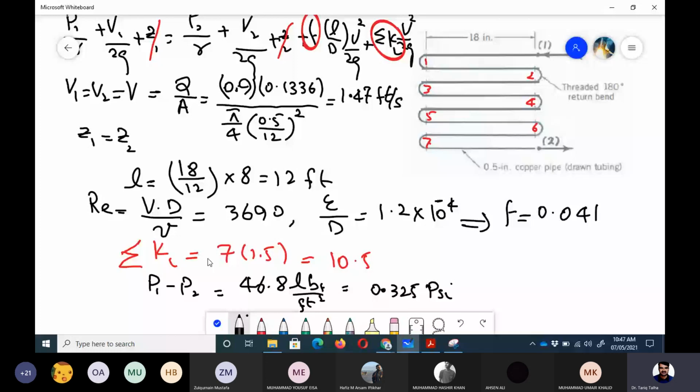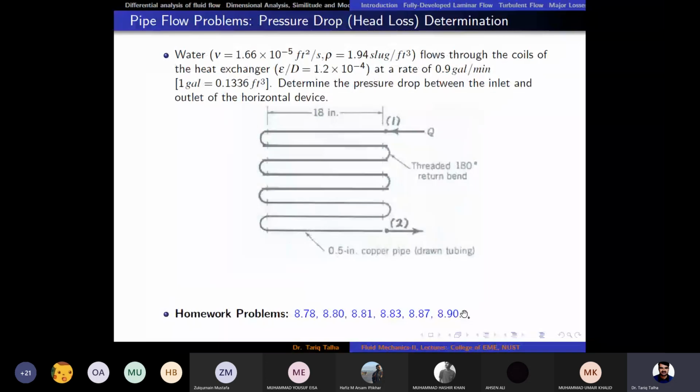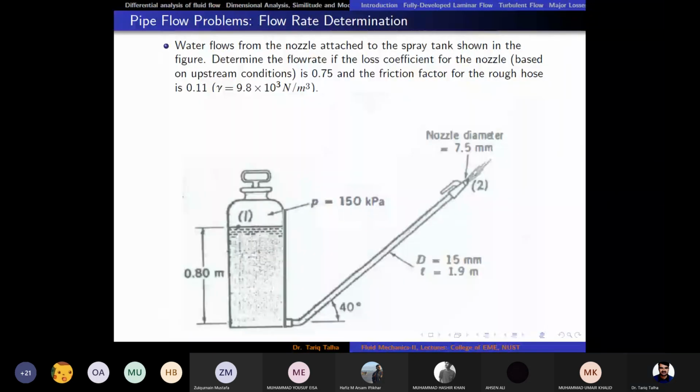So now we can quickly do one more numerical for this. So up till now we have discussed the pressure drop determination. Now we move on to the second type of problem, which is flow rate determination. So in this, water flows from the nozzle to the spray tank, as shown in the figure.